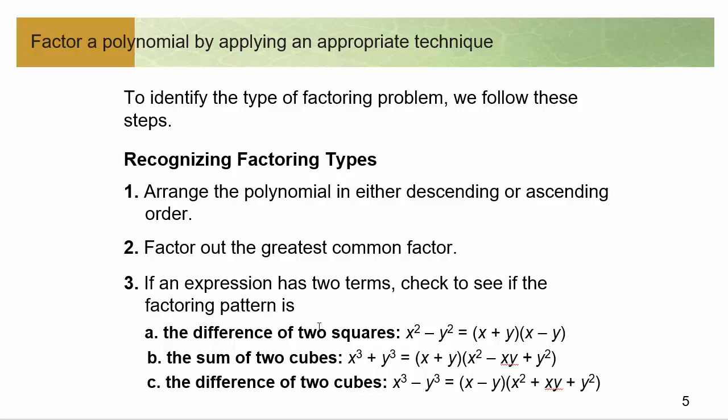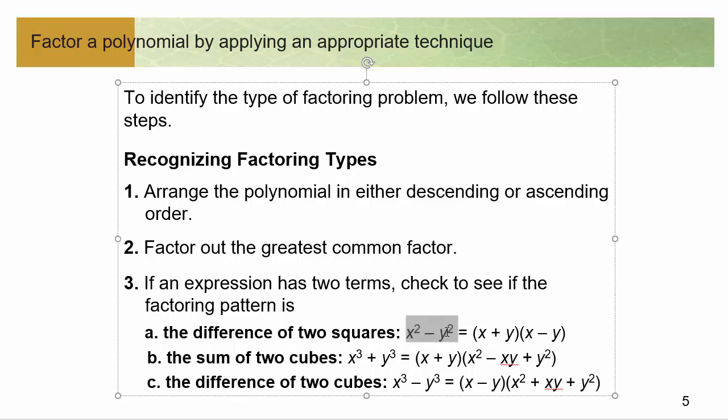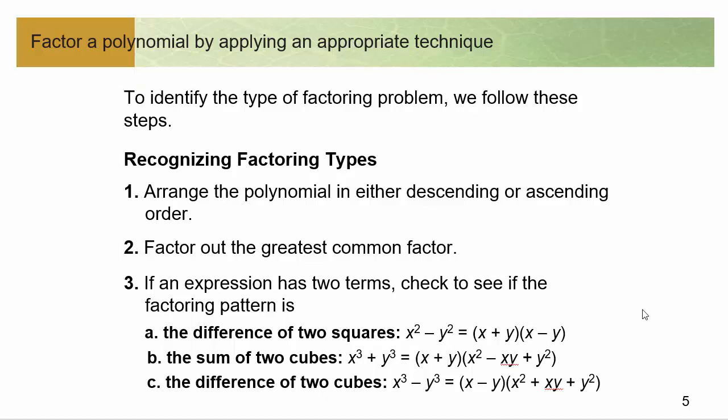So we're going to look for the difference of two squares. Anytime you have something squared minus something squared, and stop thinking of it as just x squared minus y squared. Think of it as something squared minus something squared, because it could be something far uglier than just x squared minus y squared, but it's still of that same family.